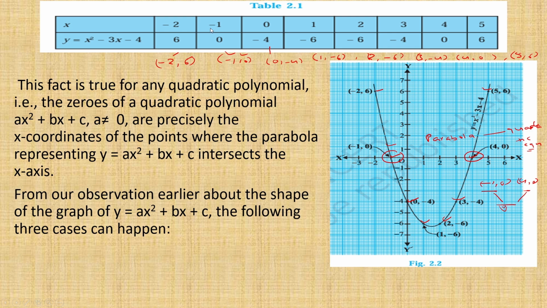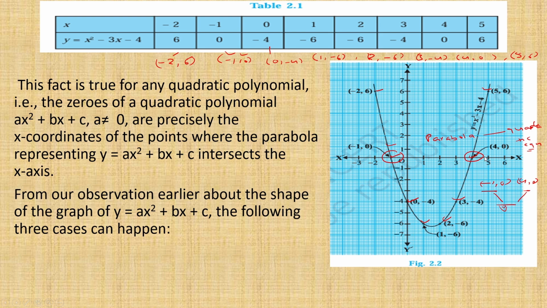So, by seeing this table, at x is equal to minus 1 we got the expression 0, and at x is equal to 4 we got the expression 0, and from the graph, at these 2 points minus 1 comma 0 and 4 comma 0, the graph intersects the x-axis.